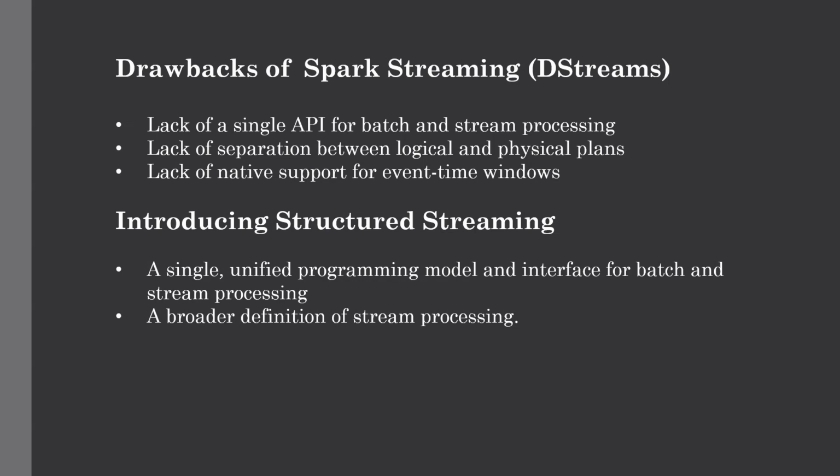The DStreams API has three major drawbacks. The first is the lack of a single API for batch and stream processing. Even though DStreams and APIs like RDD have a consistent API, meaning the same operations and semantics, developers still have to rewrite their code using different classes when converting their batch jobs into streaming jobs.